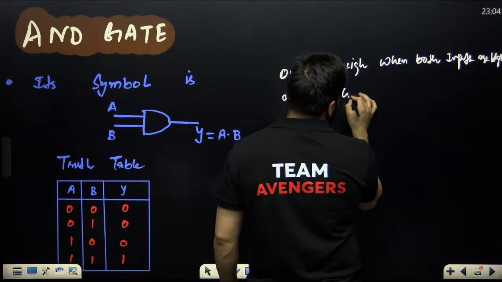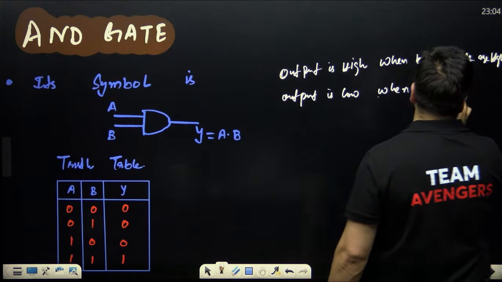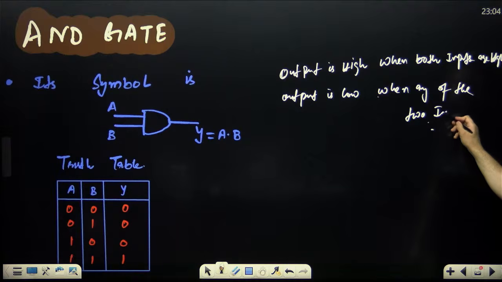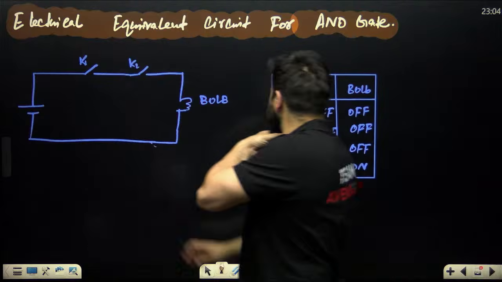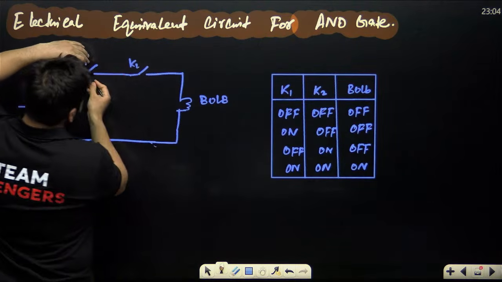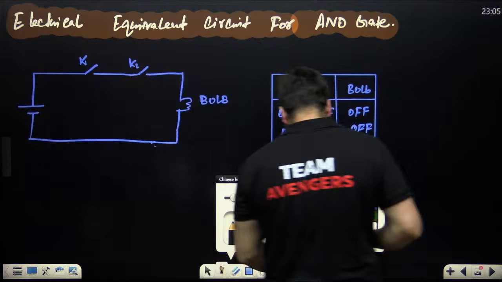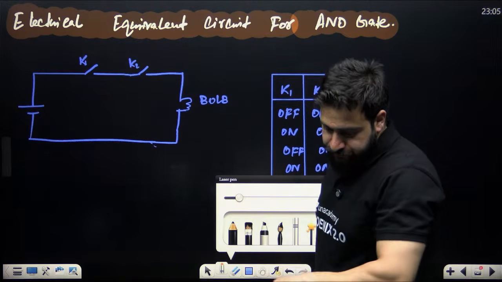Output is low when any of the two inputs is low. Now see, this is on, connected, this is off, still the bulb will not glow, because the current cannot reach the bulb.